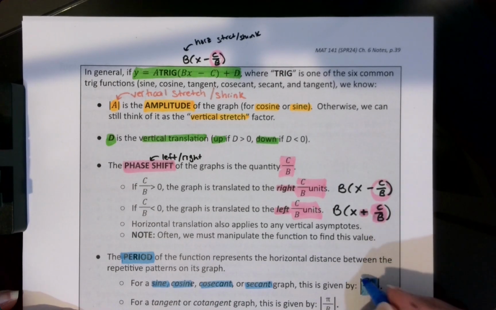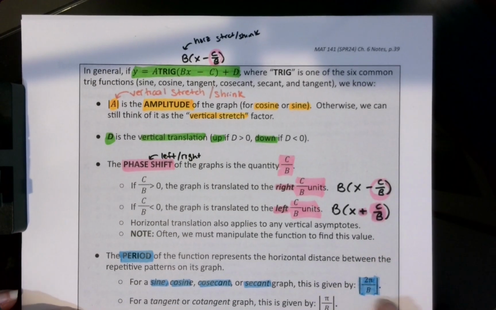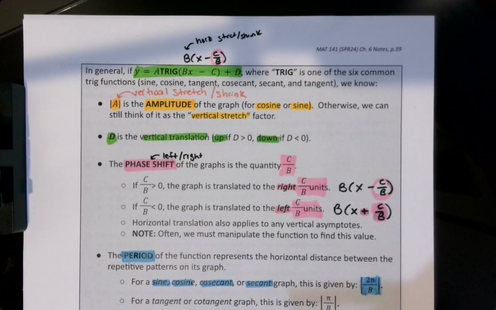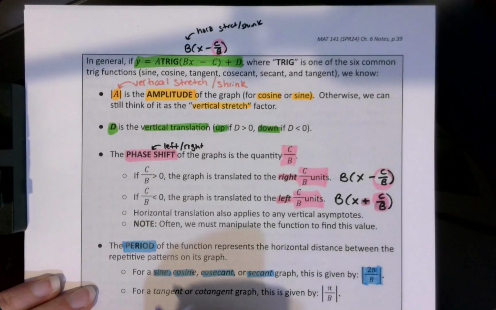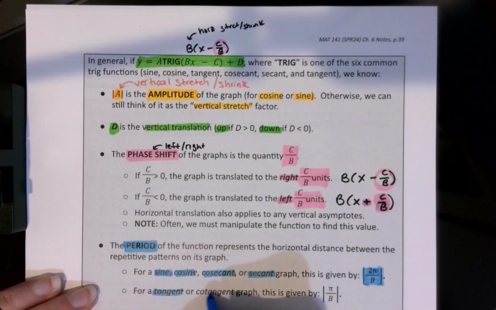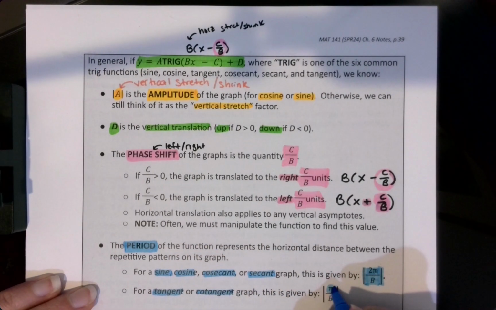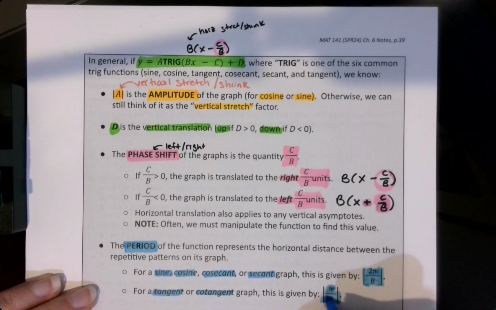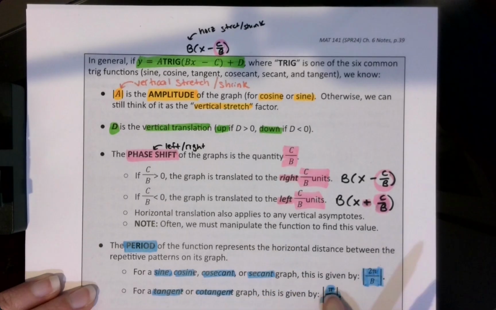It does say absolute value because, of course, if b is negative, that is just about reflection, not about changing the period. So you divide by the absolute value of b. If it is a tangent or a cotangent graph, then you just divide pi by b, because the period of the parent function, tangent or cotangent, is pi, not 2 pi like it is for the other 4.